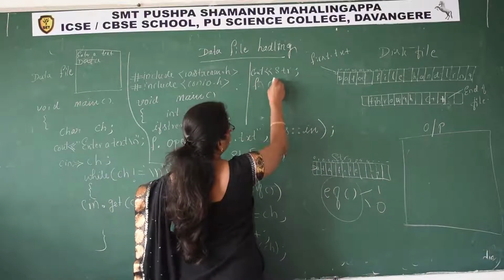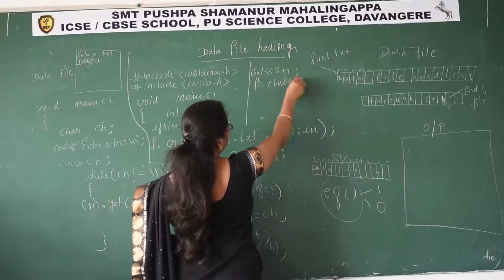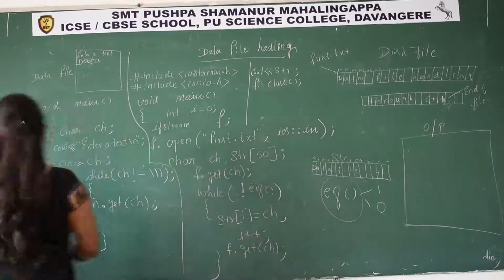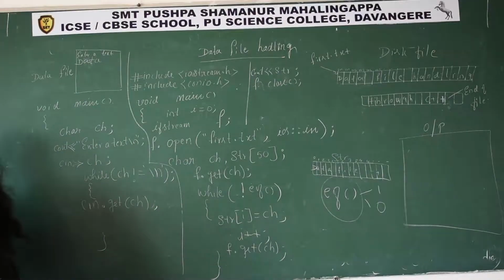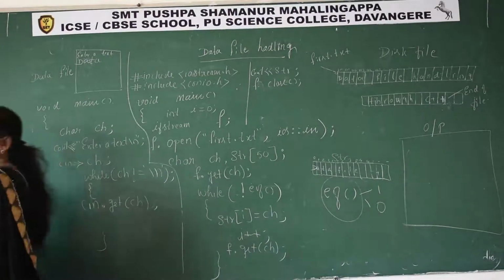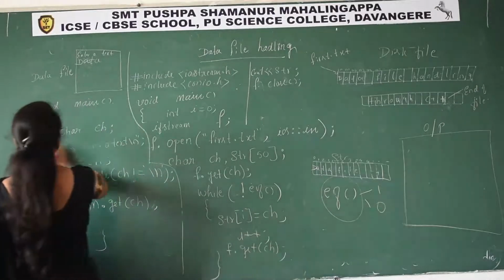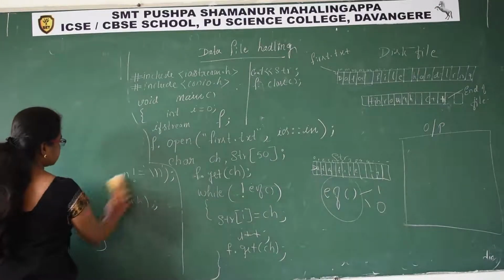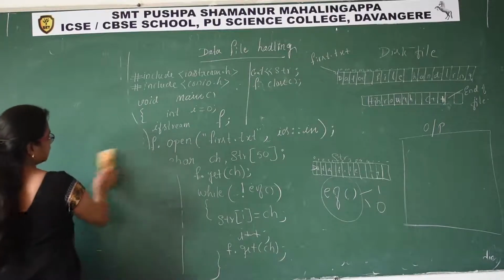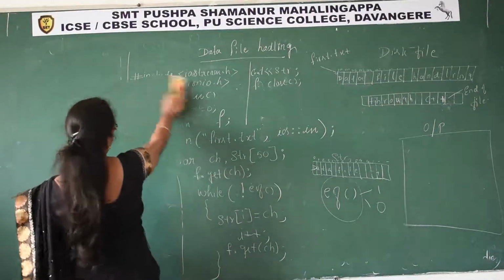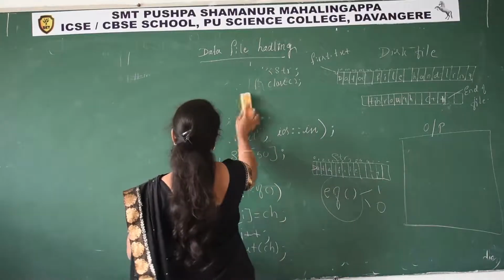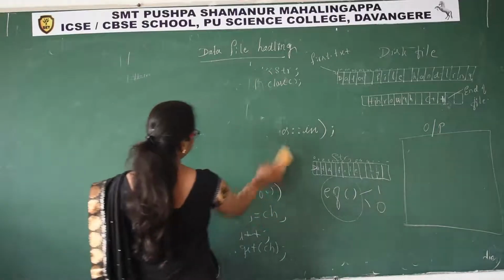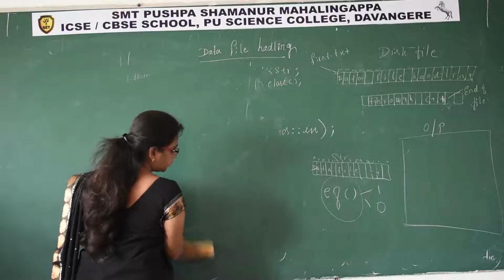F dot close. I hope you understood these two programs. In the first program, we wrote a text into the disk file, which is only for write purpose. Here I read the data character by character from the text file and displayed it on the screen.